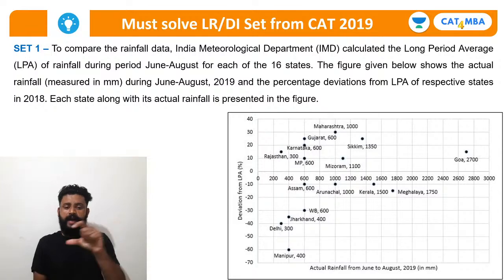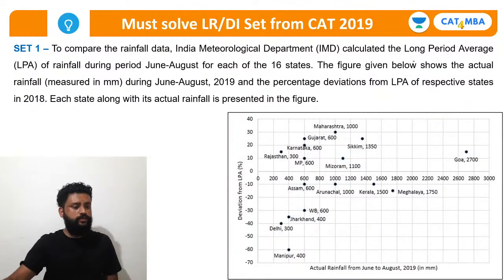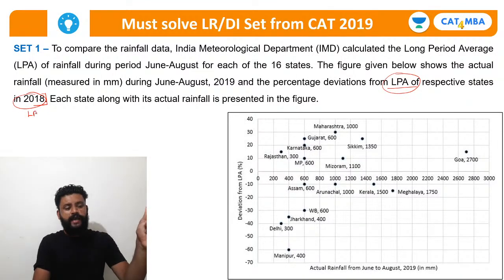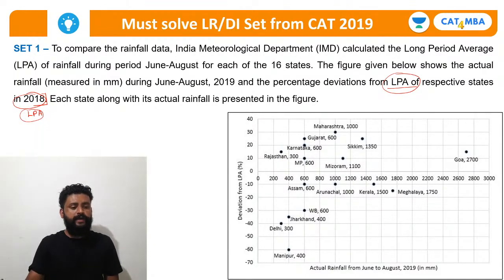So the long period average was from 2018, look at this. LPA of 2019 is not mentioned, the deviation is from the LPA, that is the long period average, of the respective states in 2018. So how much the rainfall has deviated in percent from the 2018 LPA is given here as deviation.